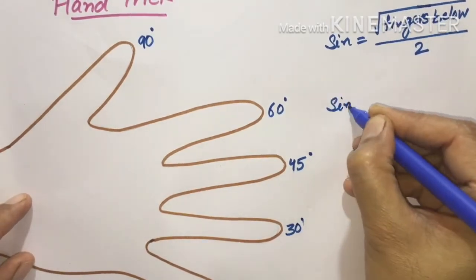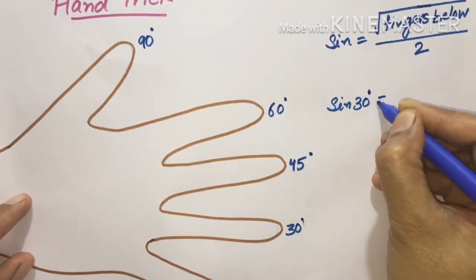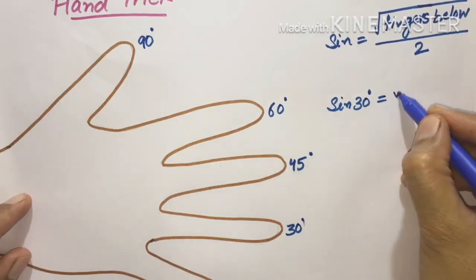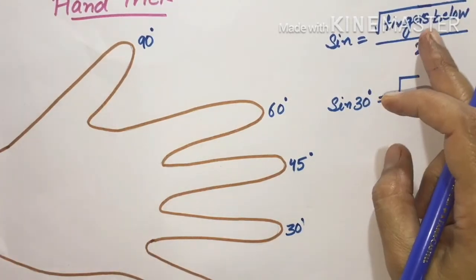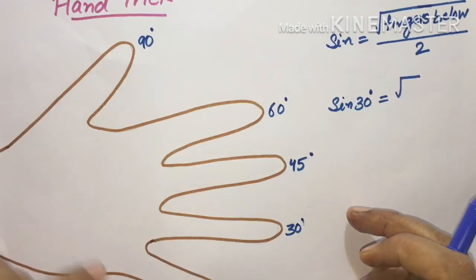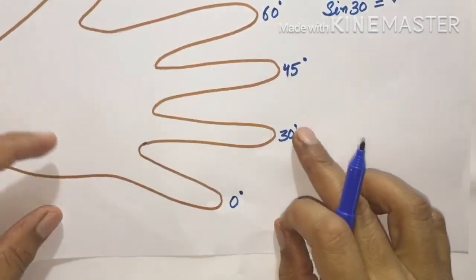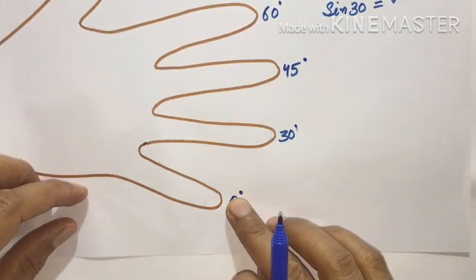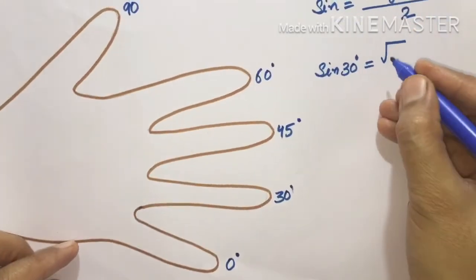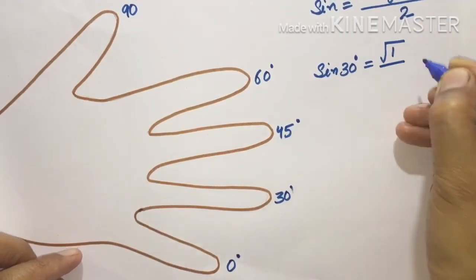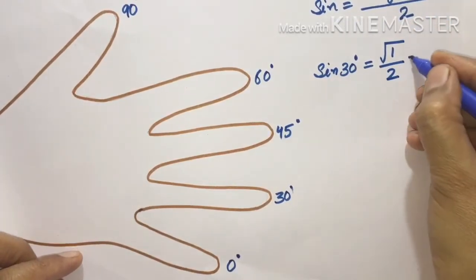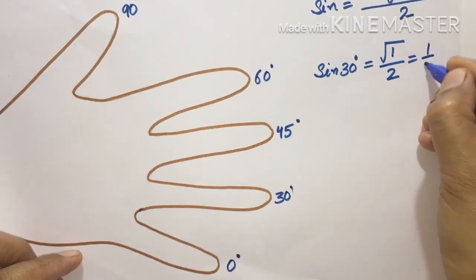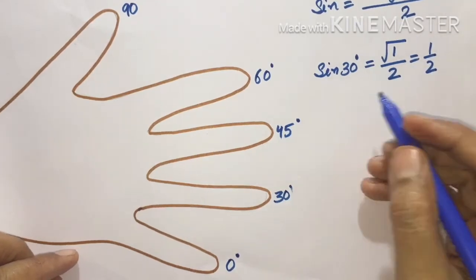First, if you want to find sine 30 degree, we will see how many fingers are below sine 30. Below one finger is there. So we will put 1 under the root and upon 2. Root 1 is 1. So 1 upon 2 is the value of sine 30.